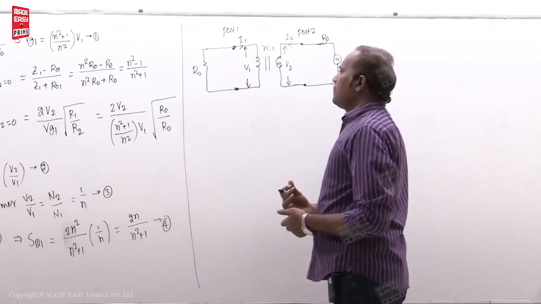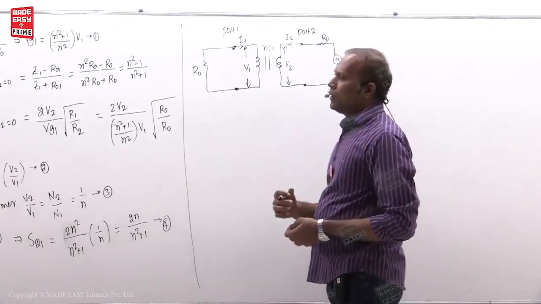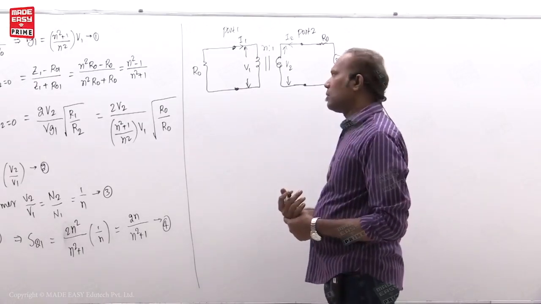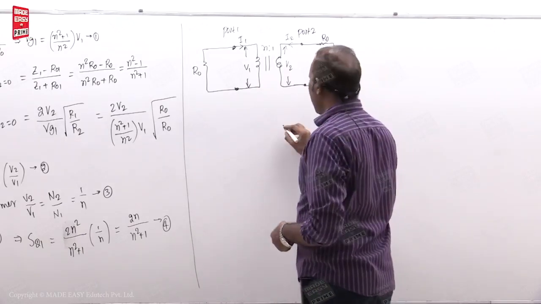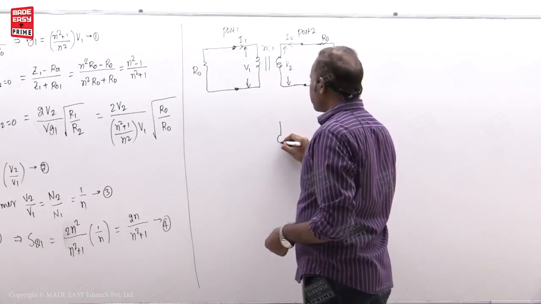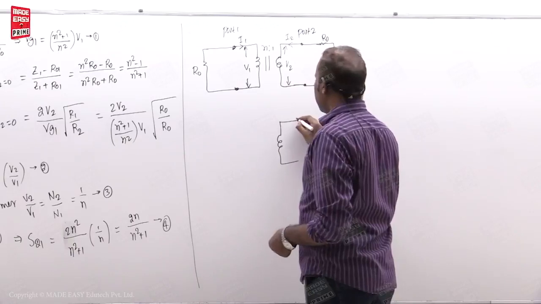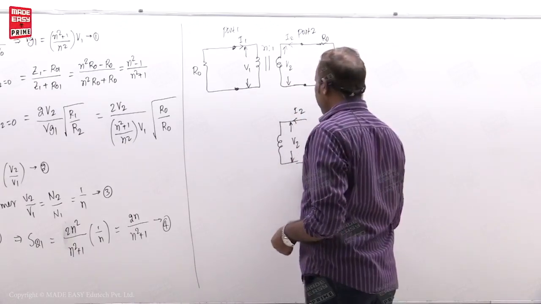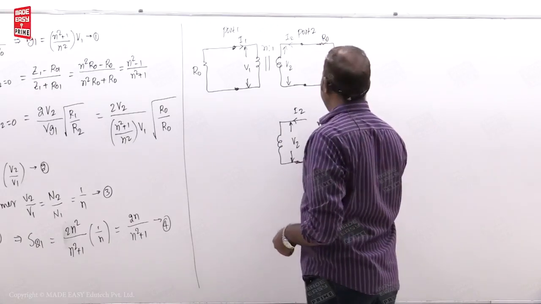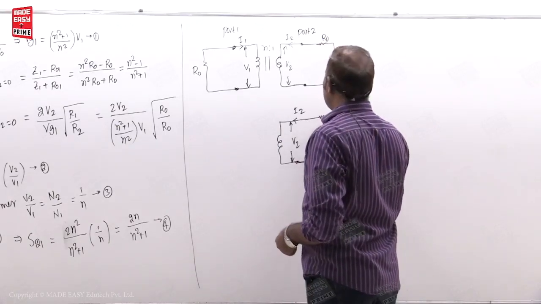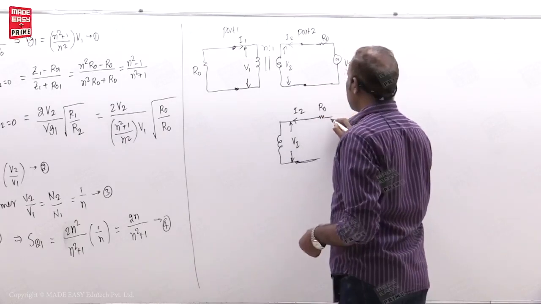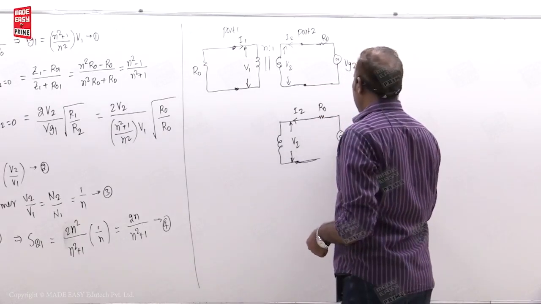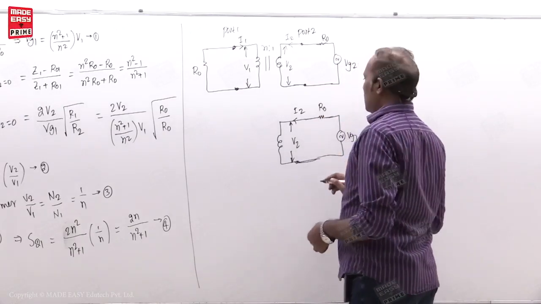Now this is the diagram for measuring the other two S parameters, S12 and S22. Now draw the equivalent diagram of this one like this. So this is I2, this is V2. This is actually R0, okay, VG2.